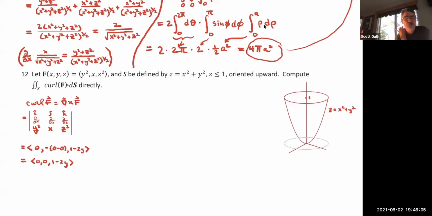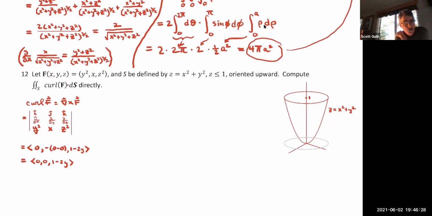Now I need to figure out what ds is, because I have to dot the curl with ds. ds is basically a vector whose magnitude is the surface area differential, but whose direction is normal to the surface. Surfaces have two normals, one direction and the opposite direction.